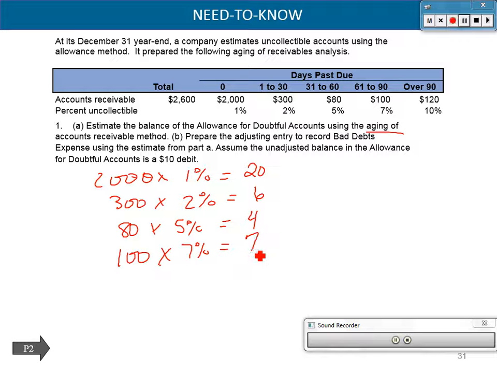And 120 times 10%, $12. How much does all of these uncollectible equal? $49.